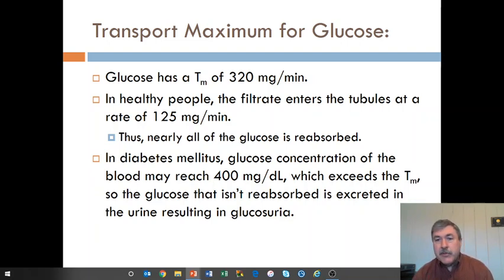In healthy people, the filtrate enters the tubules at a rate of 125 milligrams per minute. So nearly all the glucose is reabsorbed in healthy people. But in patients with diabetes mellitus, the glucose concentration in the blood may reach 400 milligrams per deciliter, which would exceed the transport maximum for glucose of 320. So any glucose that doesn't get reabsorbed is excreted in the urine.